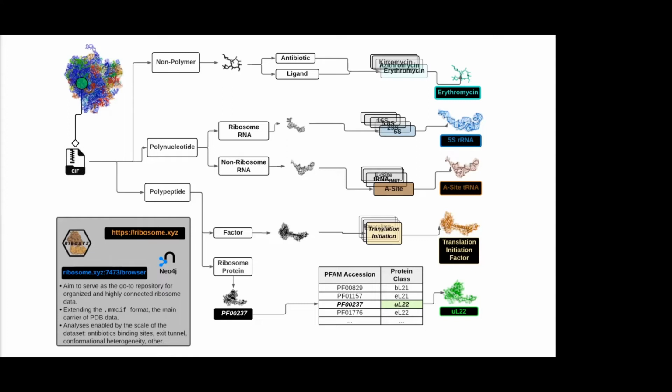PDB being the Protein Data Bank, the big old warehouse for structural data. I think they're not able to provide the data at the granularity that we could. So just some background, PDB has about 200,000 deposited models.